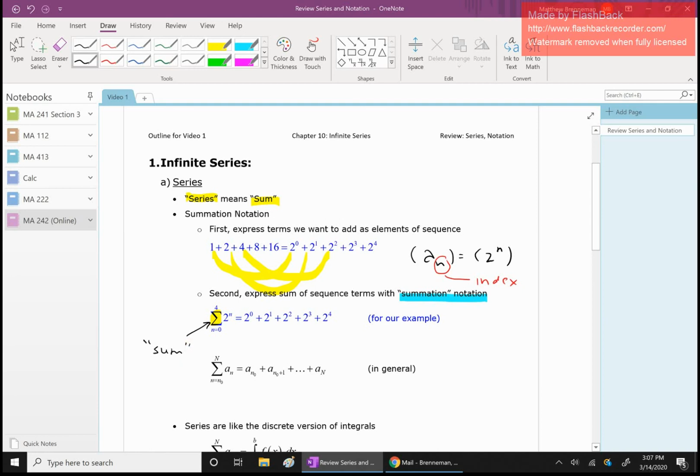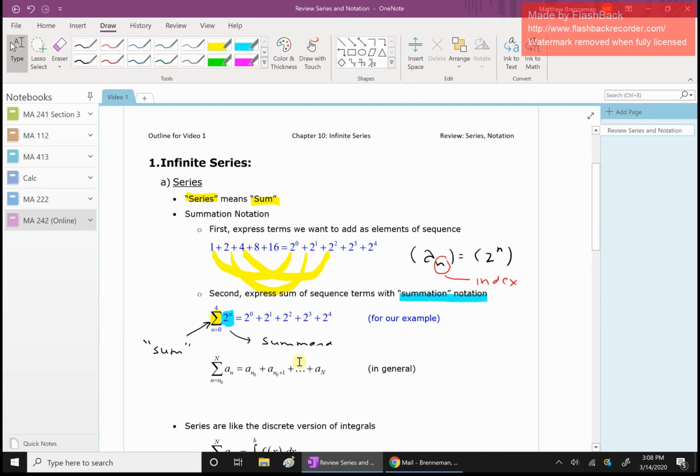What is it that you're summing? Well, you're summing what is to the right of it, which is commonly called a summand. This represents the sequence whose terms you're actually summing.